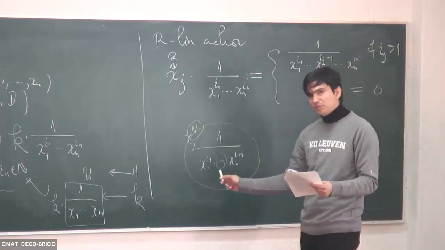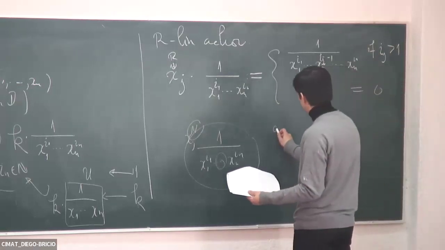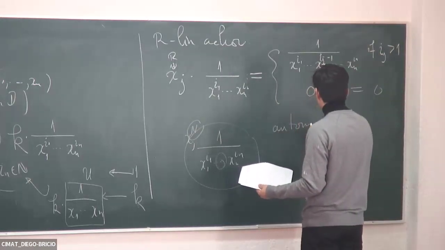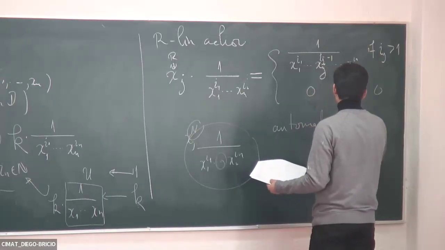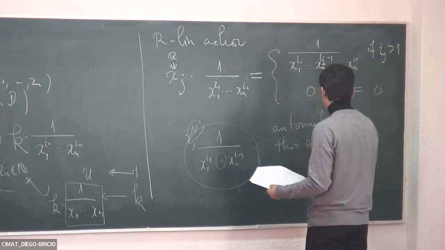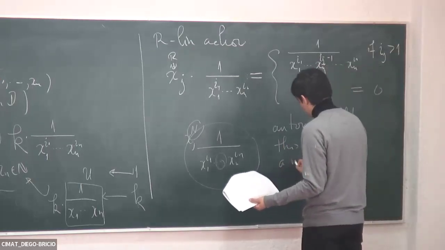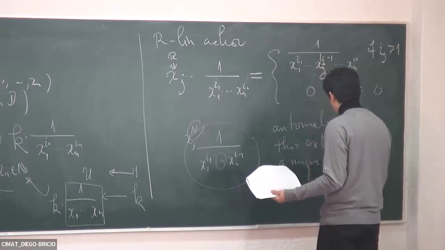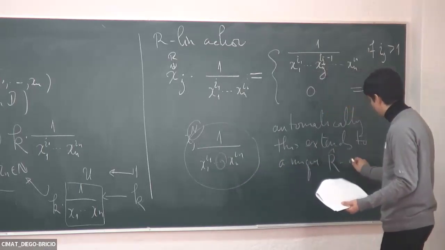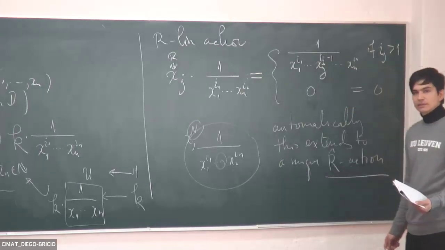And if you think about that, what this is telling you is that automatically you have an action, automatically this extends to a unique, actually, R hat action. Okay?